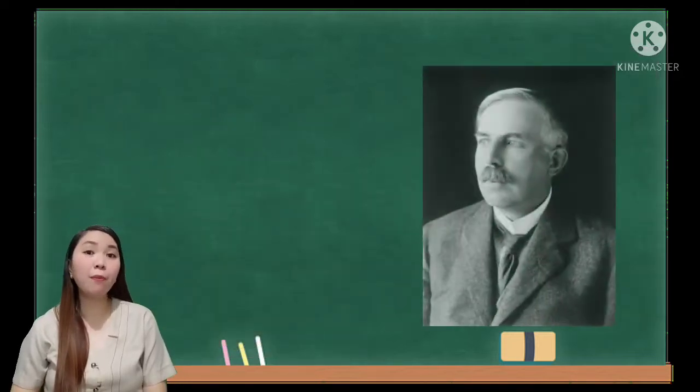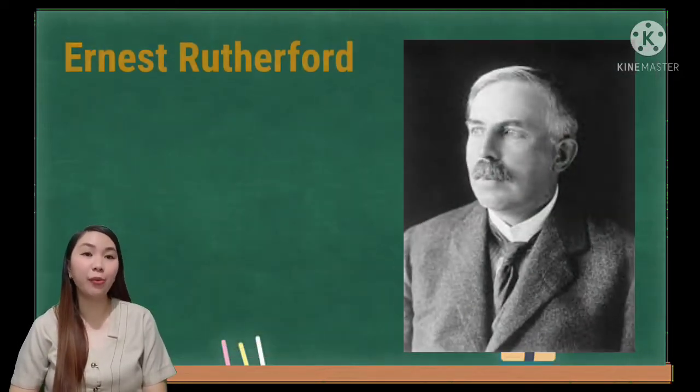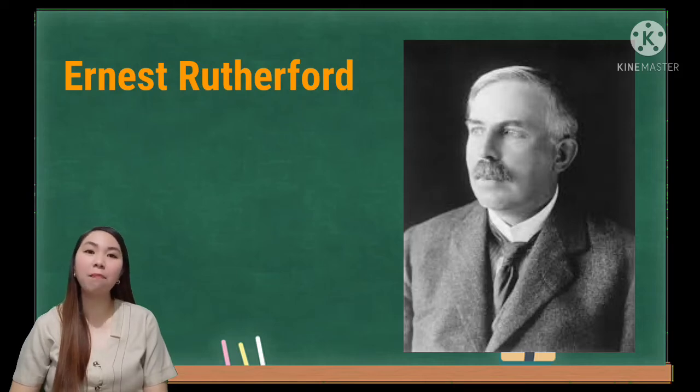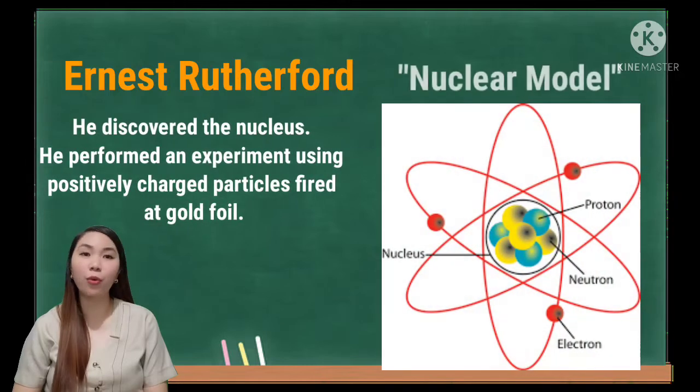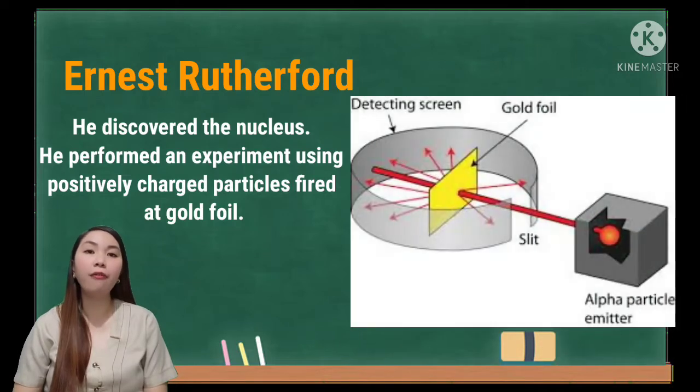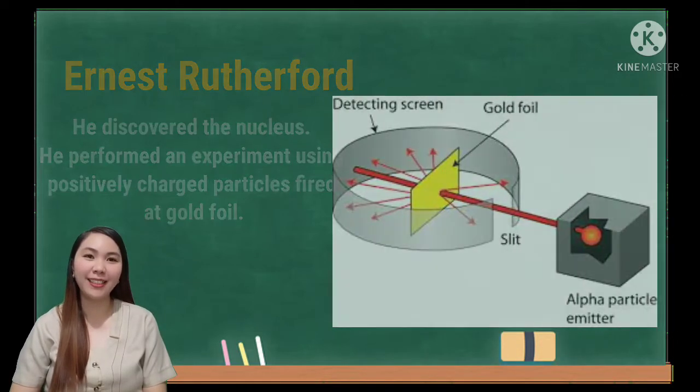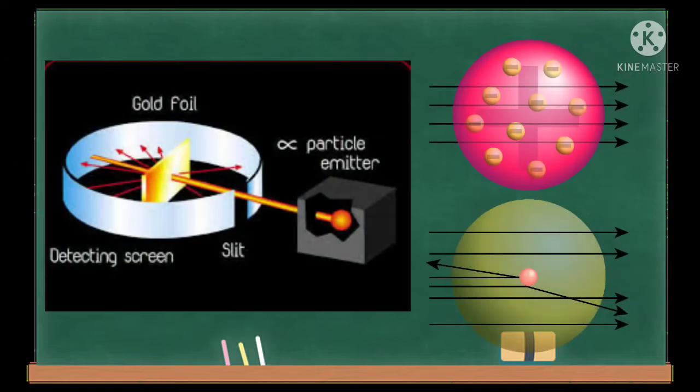A physicist from New Zealand named Ernest Rutherford made the next major discovery about atoms. He discovered the nucleus. He performed an experiment using positively charged particles fired at gold foil. Through his experiment, he proved that atoms are not a pudding filled with a positively charged material.